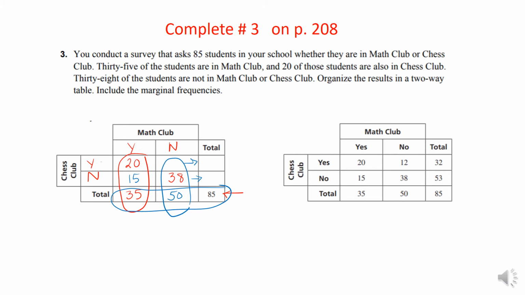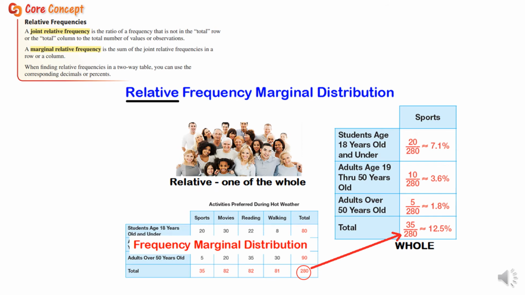All right. The next thing we're going to talk about is relative frequencies, the joint relative frequency and a marginal relative frequency. So the mnemonic that we use for this one is the family. Okay, we have this huge family, and each relative is one of the total, right?